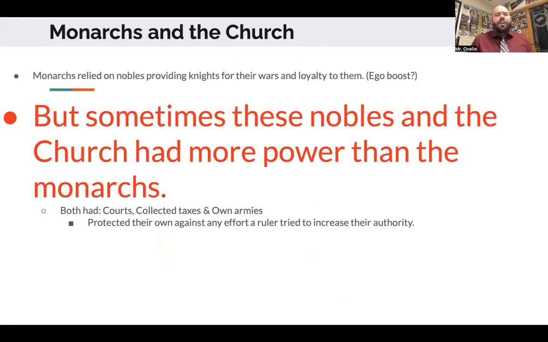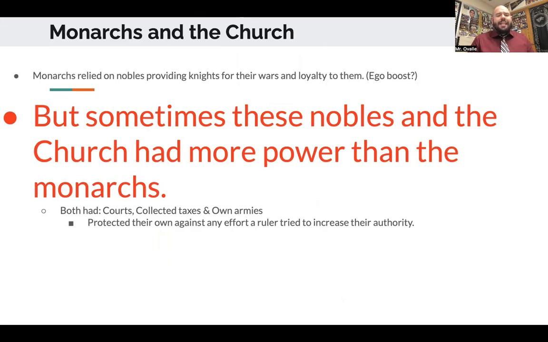All right, so monarchs and the church. Monarchs relied on nobles for providing knights for their wars and loyalty to them. Kind of like an ego boost. But sometimes these nobles and the church had more power than the monarchs. Both the nobles and the church had their own courts. They collected their own taxes, and they even had their own army.